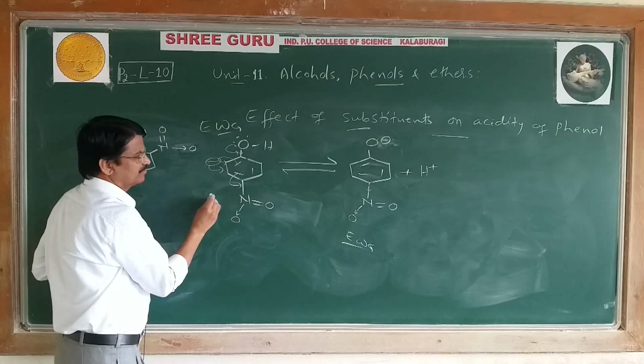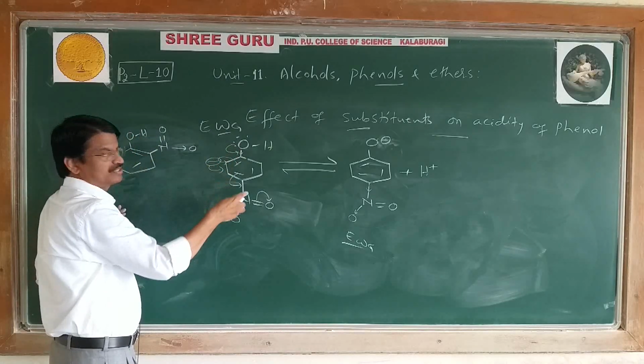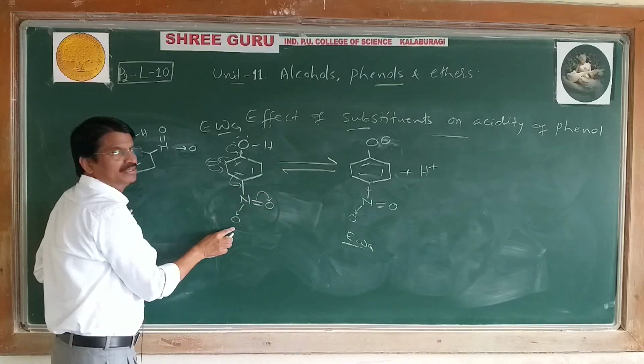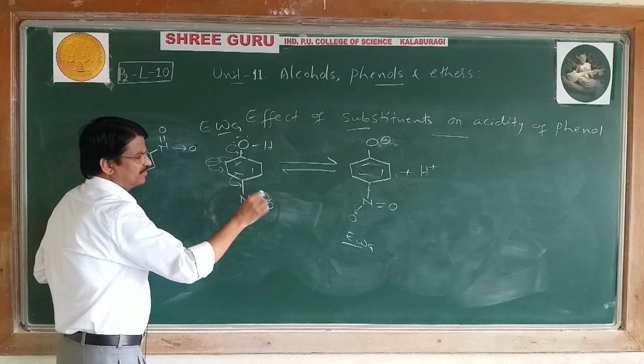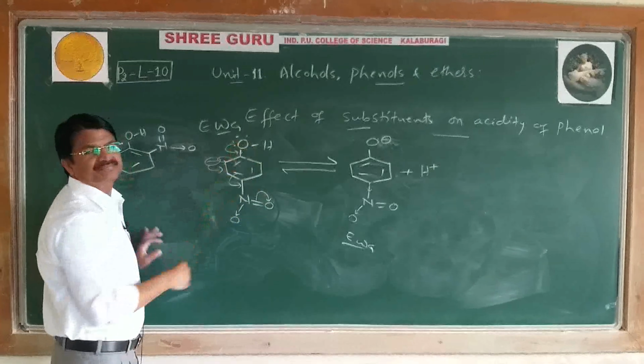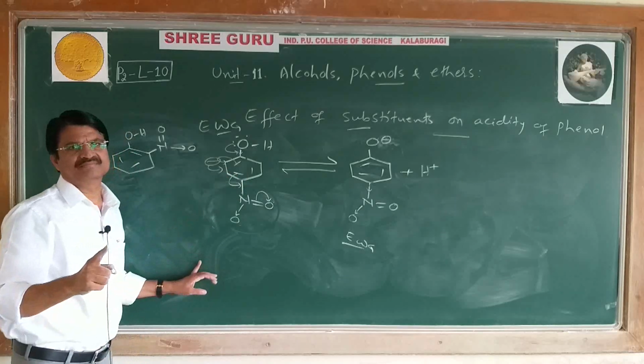This also shifts here, then shifts here. This means the NO2 group favors resonance, and this is involved in resonance. And even on the left, if it is negative, then shift here, shift here, shift here. Anyway, if the NO2 group is at the para position, it is what?